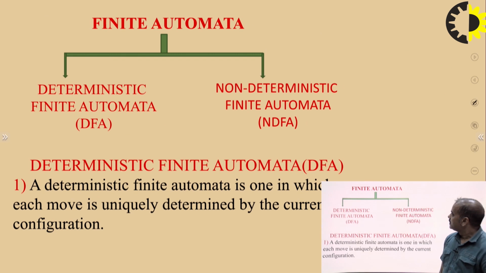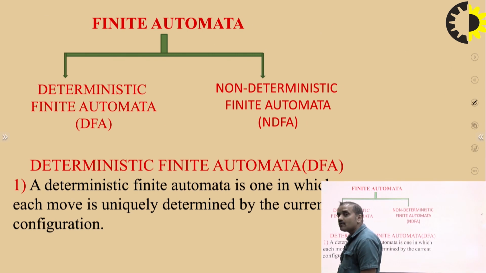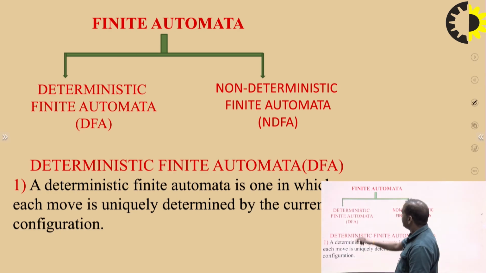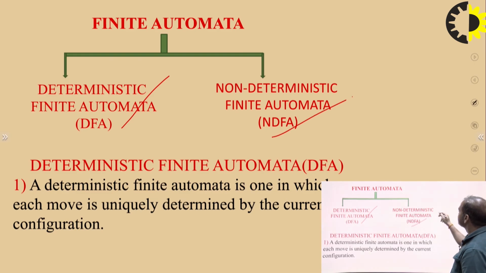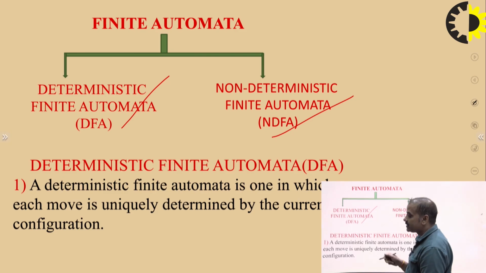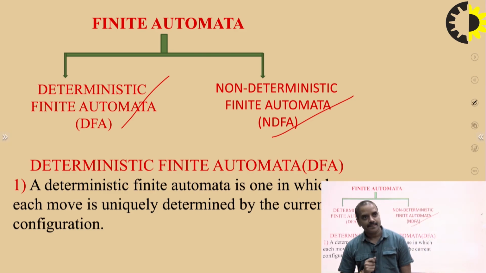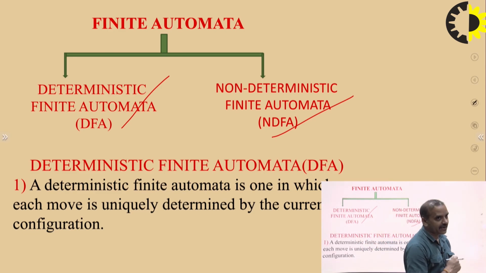Now, this is the classification of finite automata. Finite automata is divided into two parts: deterministic finite automata, that is DFA, and non-deterministic finite automata, that is called NDFA. Deterministic means if the next state is unique, then the automata is called deterministic finite automata.